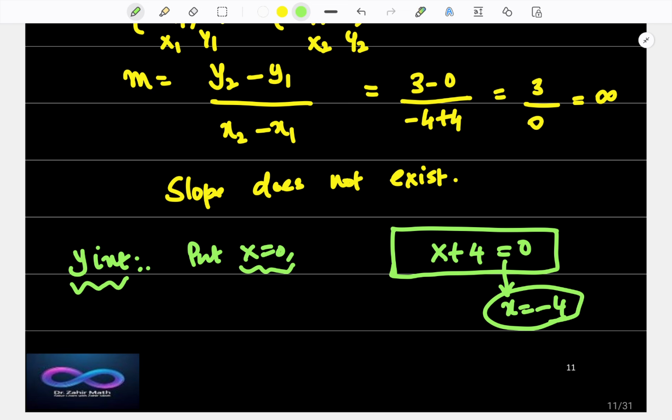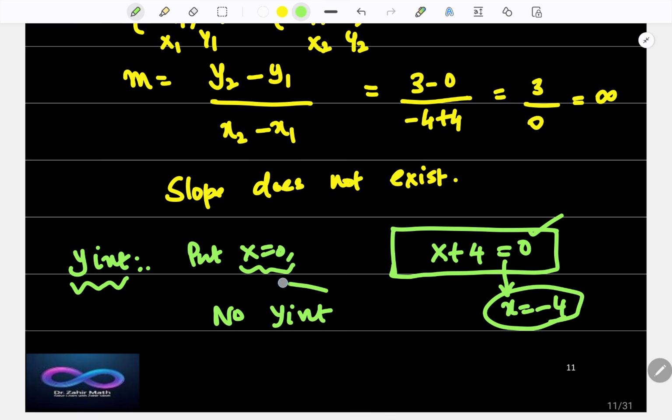Keep it in your notes, right? Again, I'll repeat. Y-intercept means you're going to put x equal to 0. But the line x equal to minus 4 always never reaches x equals 0. So it never touches the y-axis. Clear, all of you? So it means what?